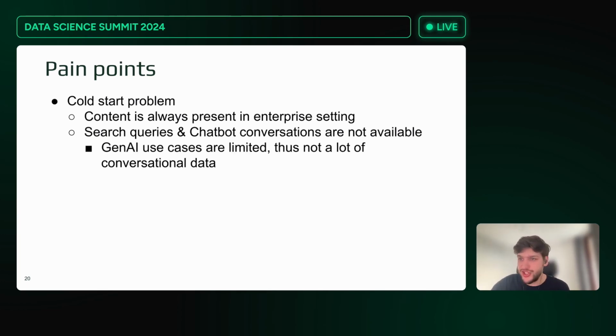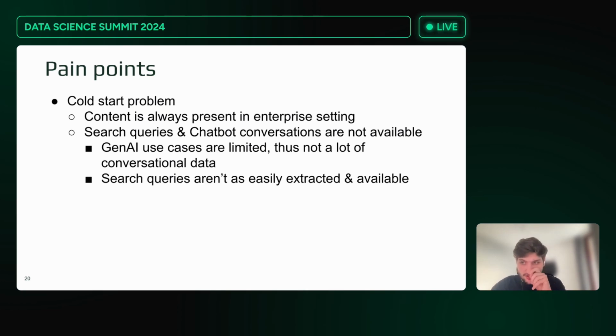Gen AI use cases, especially in corporations, are still very limited, and there's not a lot of conversational data available. Search queries actually do exist, because people search a lot of things on Confluence, for example. But it's not always that easy to extract those things out. There are not always APIs available to easily get access to the search queries. The content is usually much easier to export.